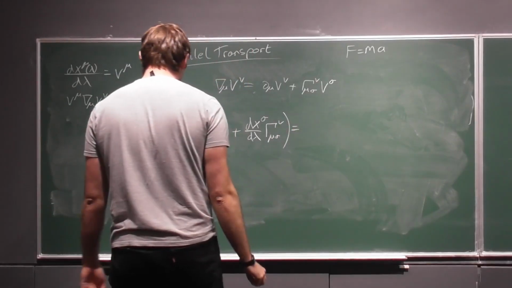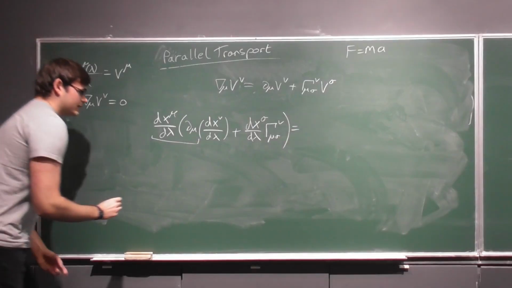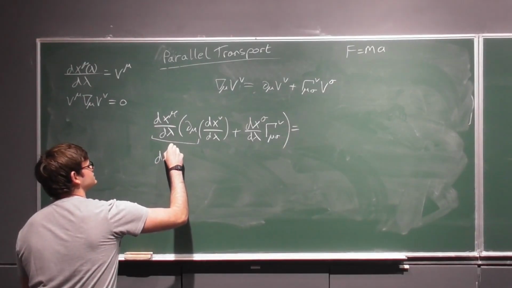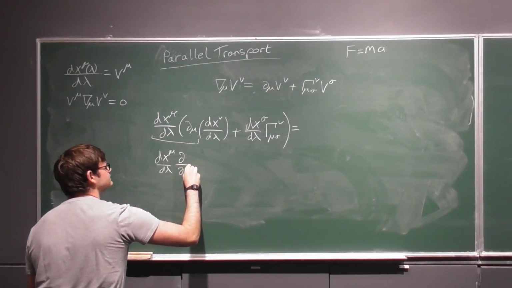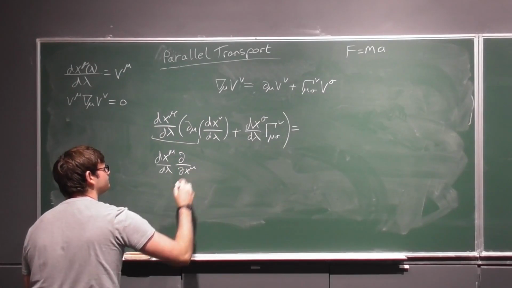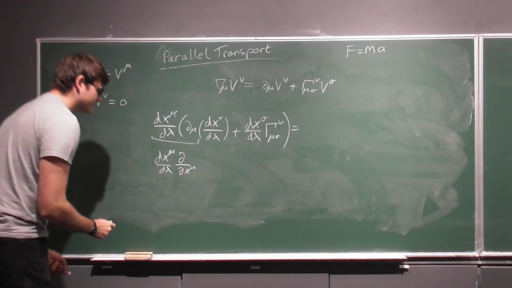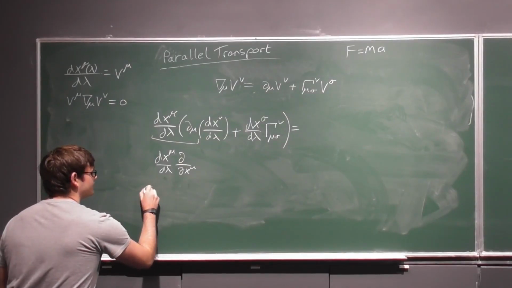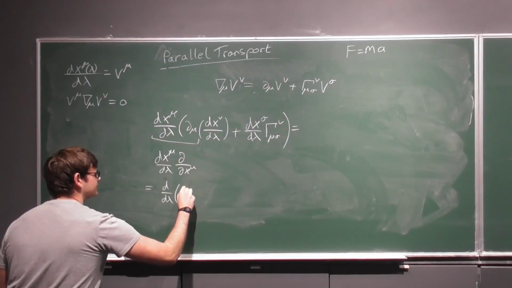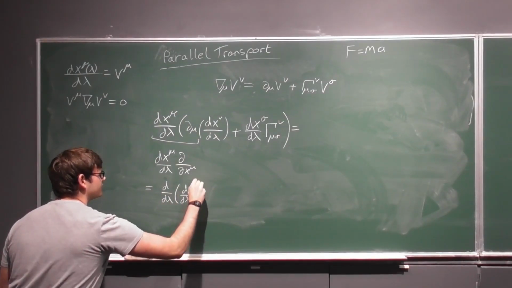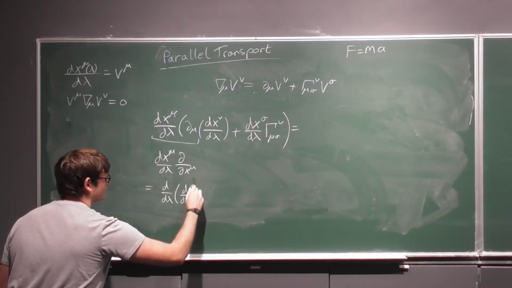Okay, and then now what we can do here is this thing here, because this is just dx^nu/d lambda, and then this is the partial derivative with respect to x^mu. This can actually be recognized by the chain rule. If you do the chain rule now, this is the same as d/d lambda. Yeah, it's basically two derivatives.